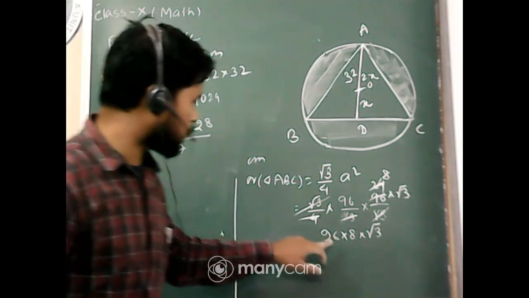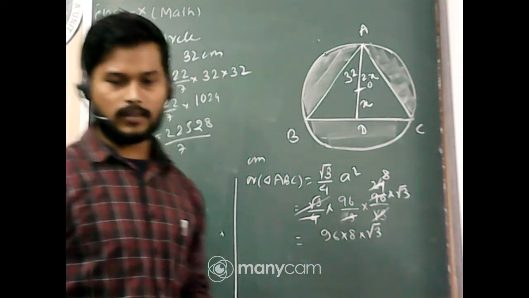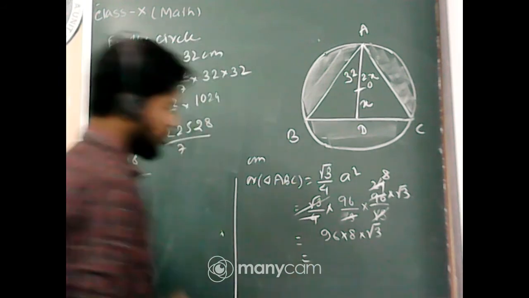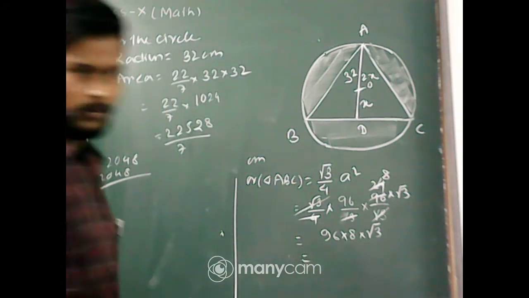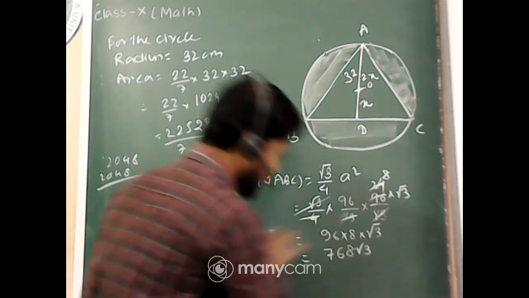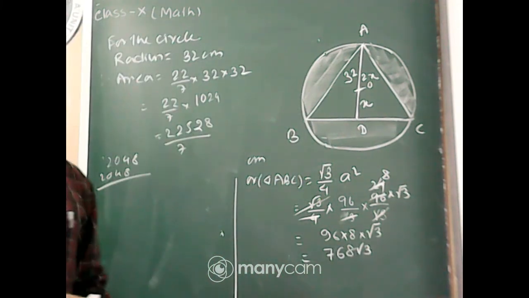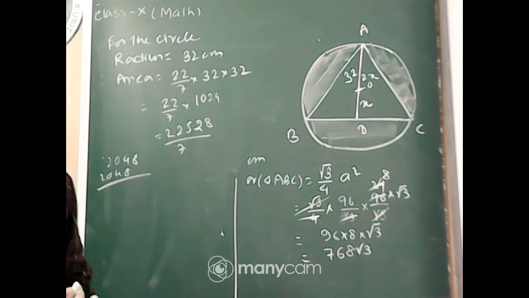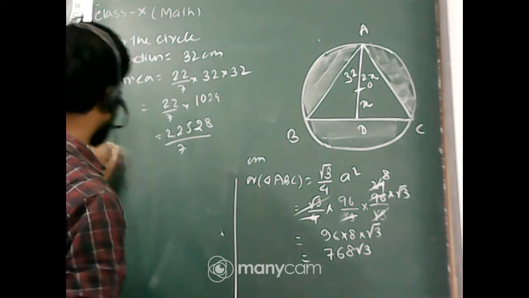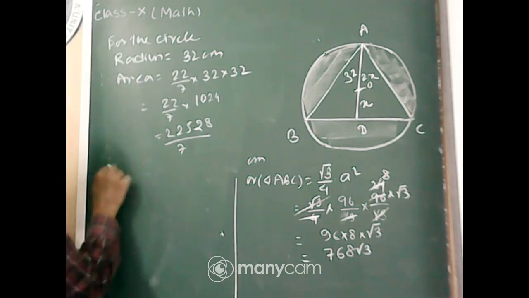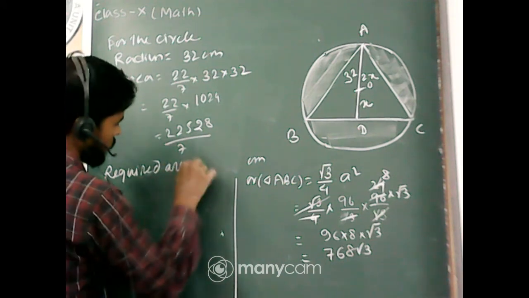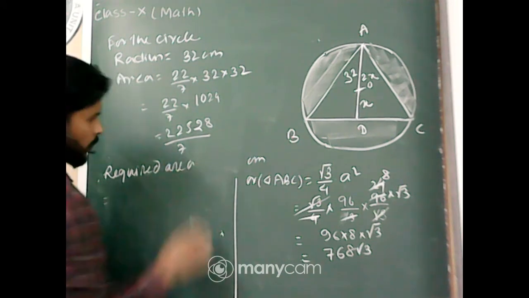And what is the product of 98 into 8? It is 768 root 3 centimeter square. Okay, so the required area is equal to the area of the circle minus the area of the triangle.